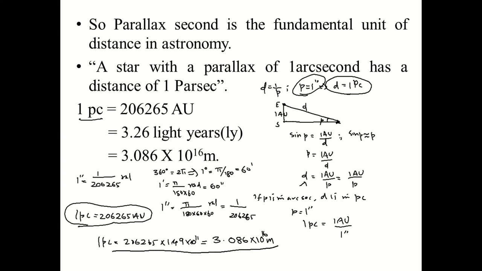So 1 parsec in meters will be 3.086 into 10 raised to 16 meters. So that is the conversion of parsec to other commonly used distances, that is astronomical units, light years and meters.